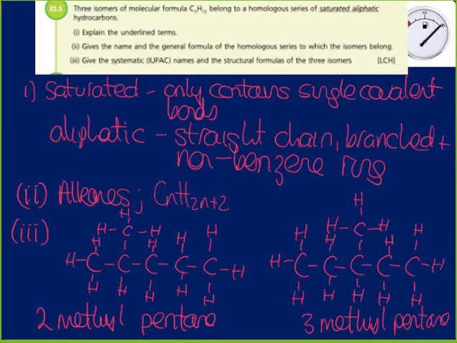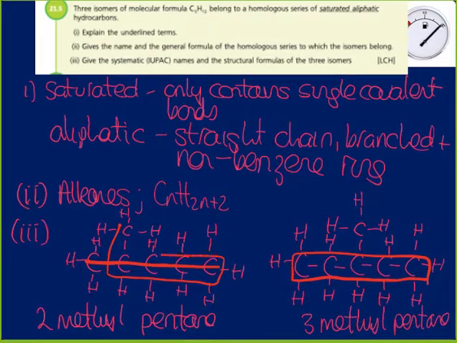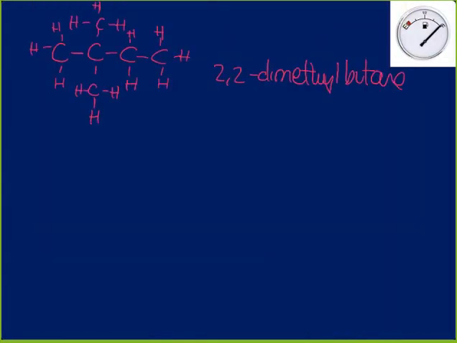So this is the longest chain here, no matter what. The longest chain here could be along this line, but it could also be along here. So just always bear in mind, can you count in a straight line? And then the last one was 2,2-dimethylbutane.